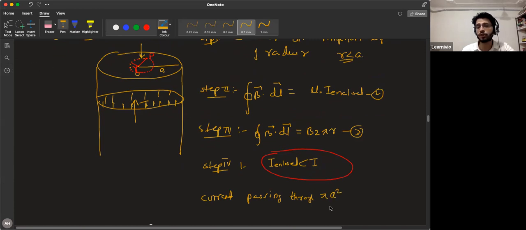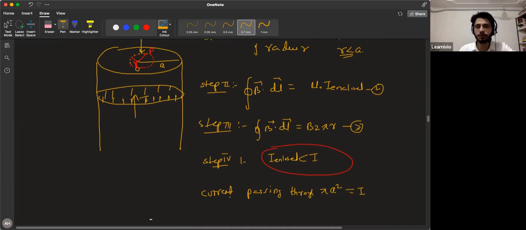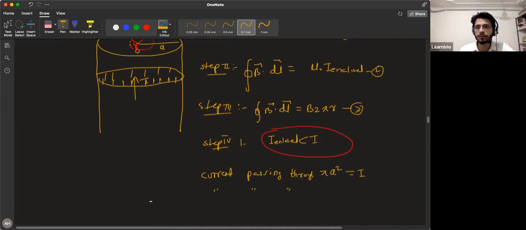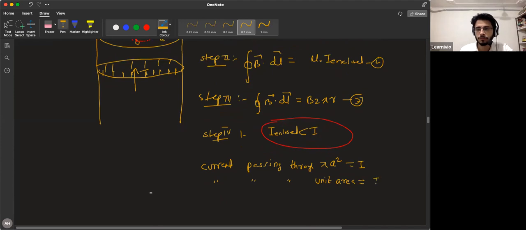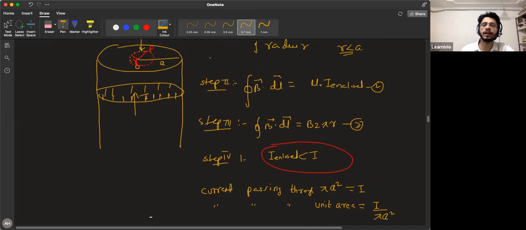That means the current passing through this pi A square area is I. So how much current will pass through unit area? Sir, I upon pi A square. We have to calculate I enclosed. Arpit, I enclosed is passing through which area?